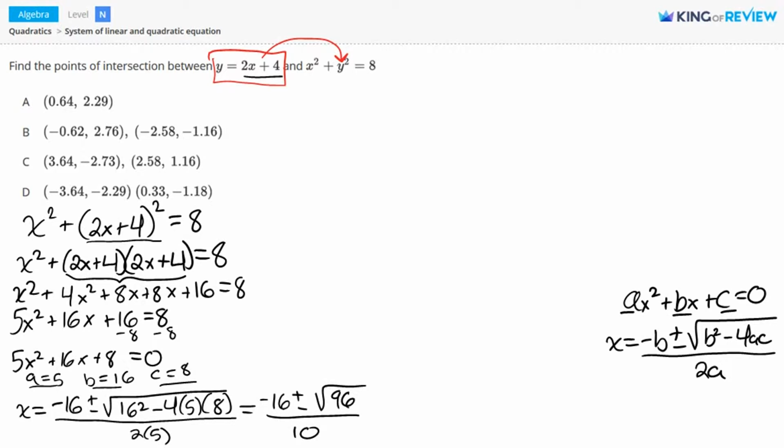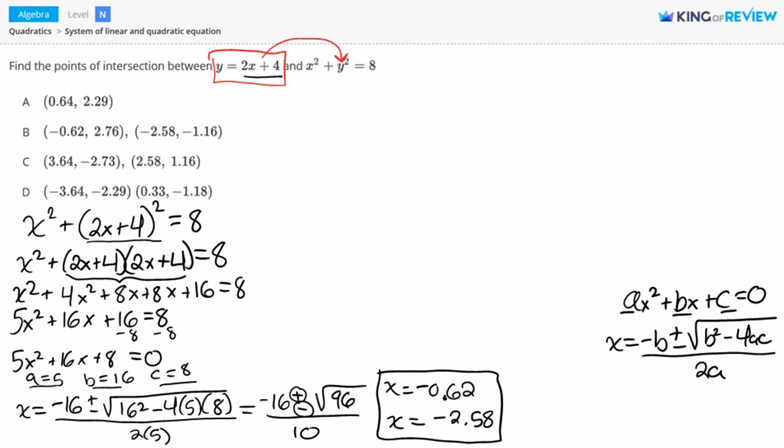So we'll have two values for x. One will be calculated using this plus sign, and the other is calculated using the negative sign. So use your calculators to solve for x. The first value is x equals negative 0.62. And our second x value is x equals negative 2.58.